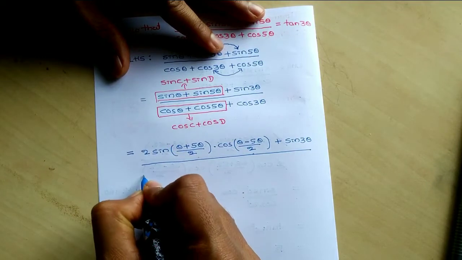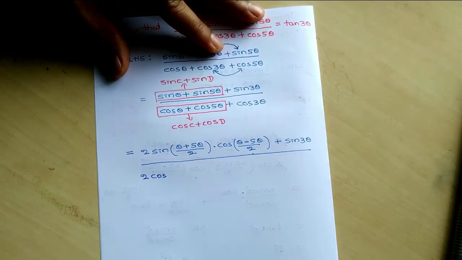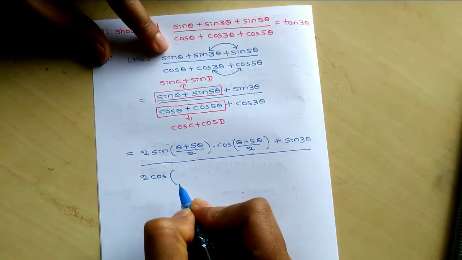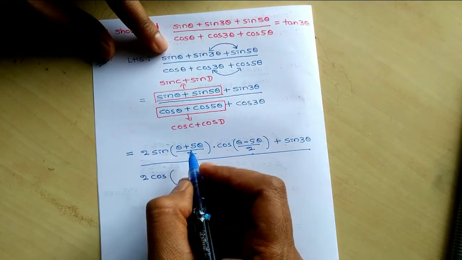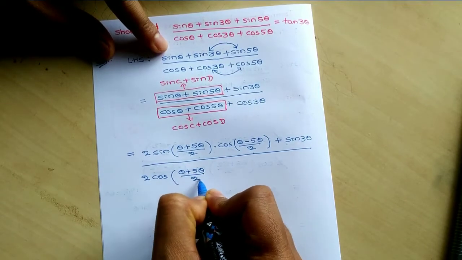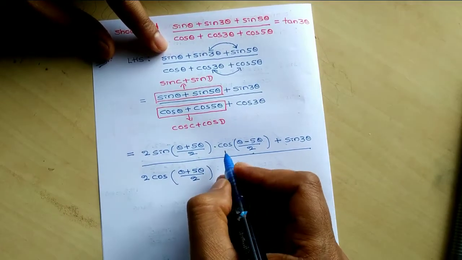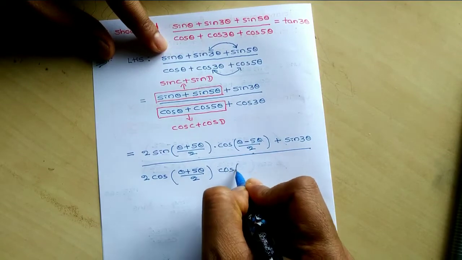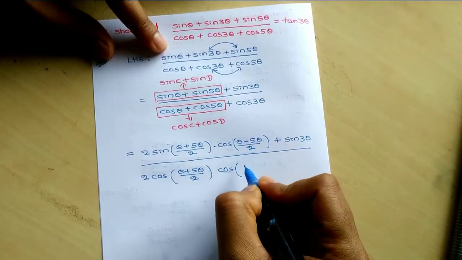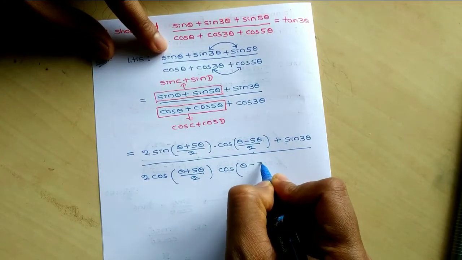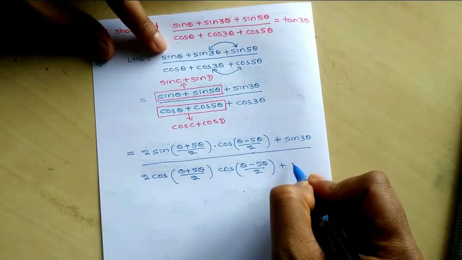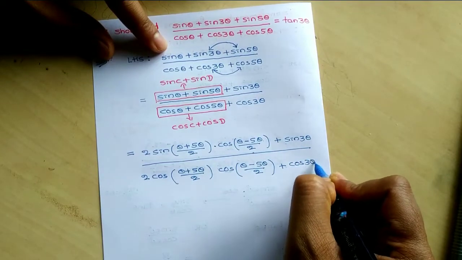So the formula is 2 into cos (theta plus 5 theta) divided by 2 into cos (C minus D) divided by 2, plus cos 3 theta, I am going to keep it as it is.